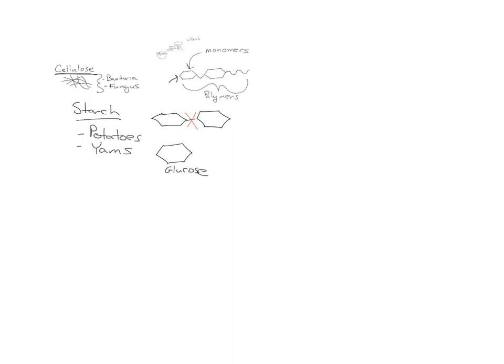So when we're talking about the difference between starch and cellulose, let's look at a bunch of different polymers of sugar. Let's look at cellulose. We talked about that one already. And we can talk about starch.